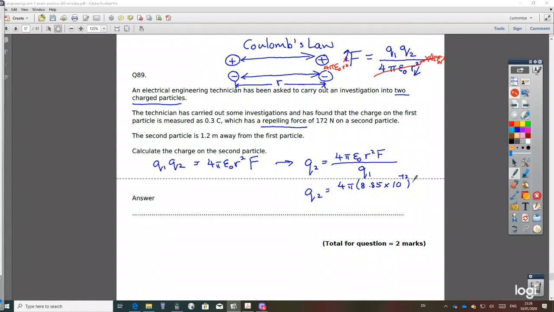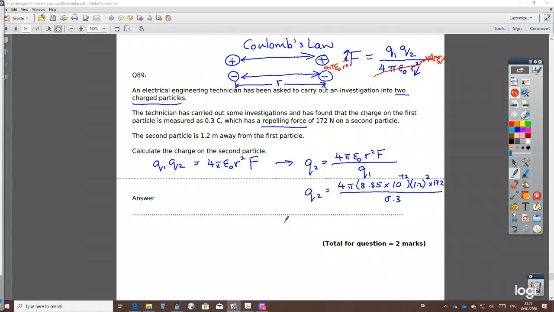Then I multiply that by the separation, which is 1.2 squared, times the force, 172, all over the charge of the first particle, which is 0.3.